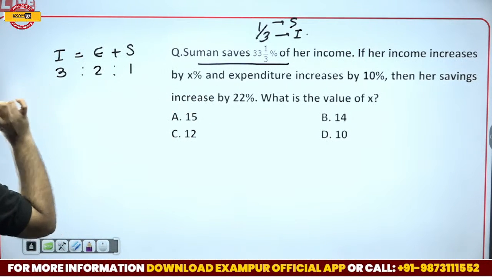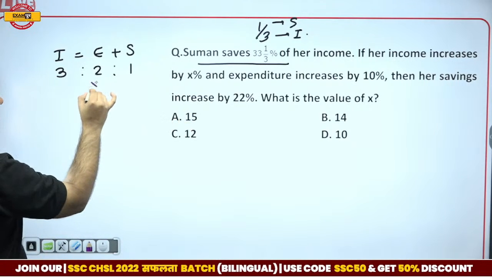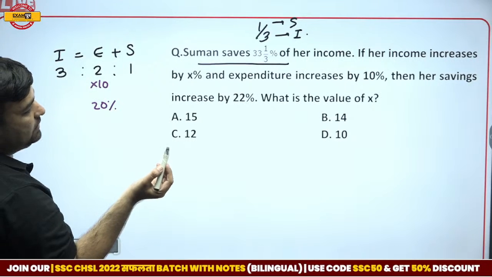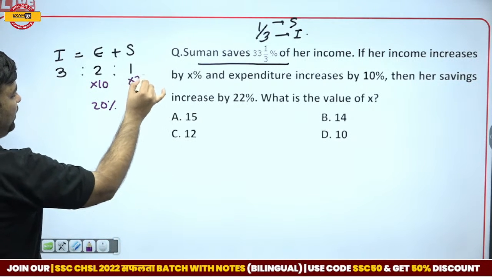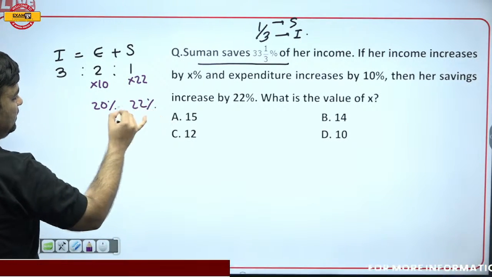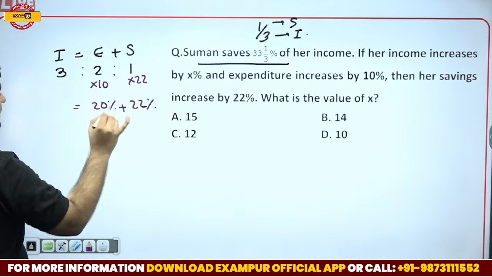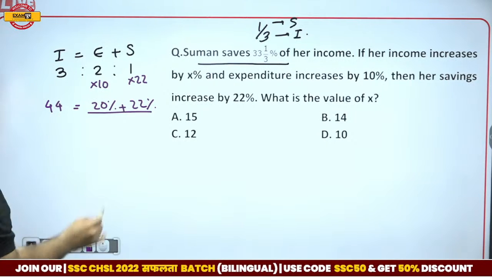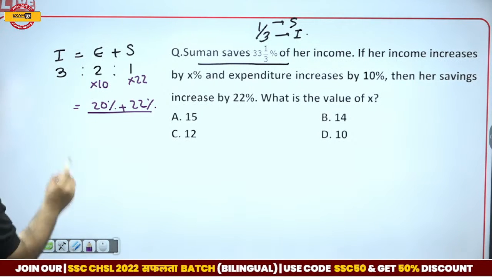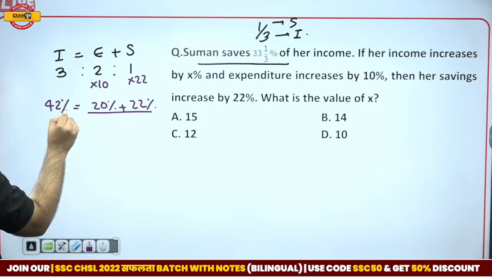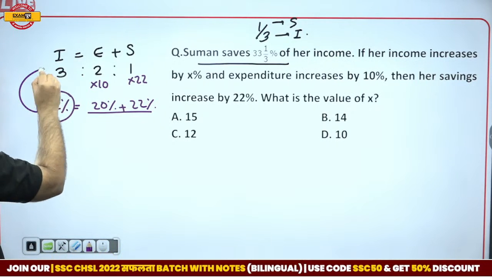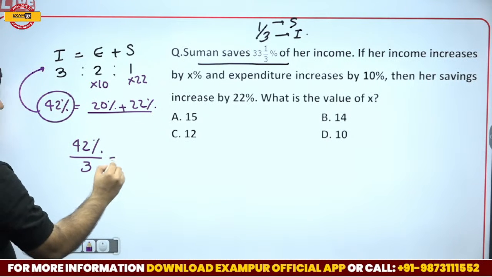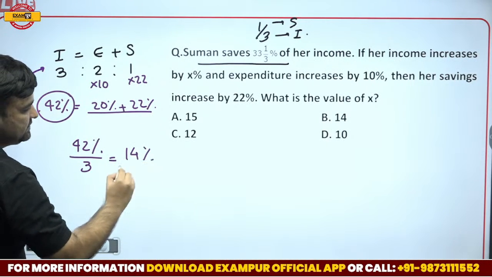Income increases by X%, we do not know. Expenditure increases by 10%, so 2 into 10, 20%. Savings increases by 22, so 1 into 22, 22%. So the overall change is 42%. 42% over the quantity of 3 is an effective increment of 14%.